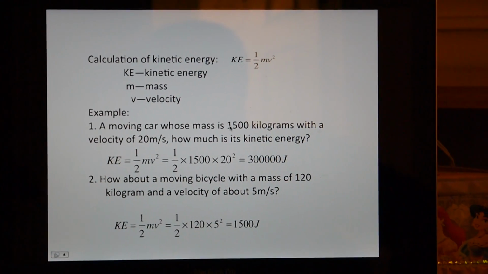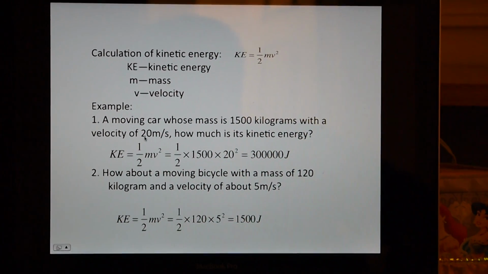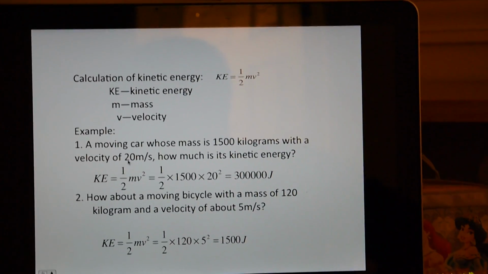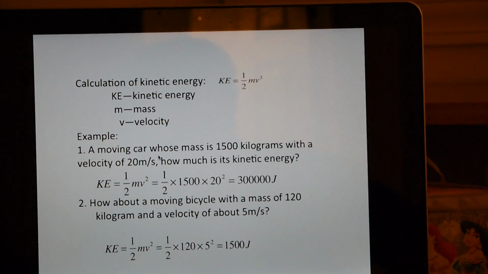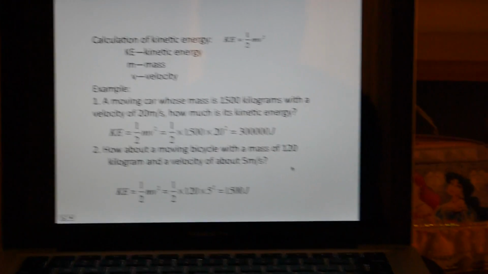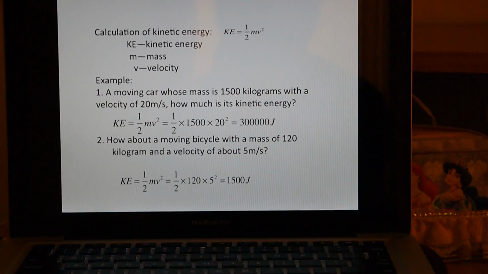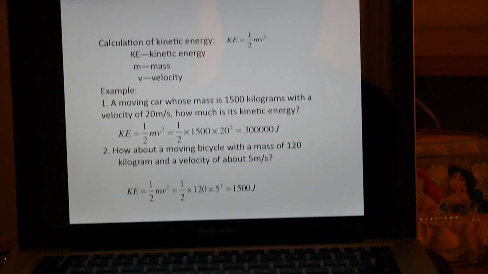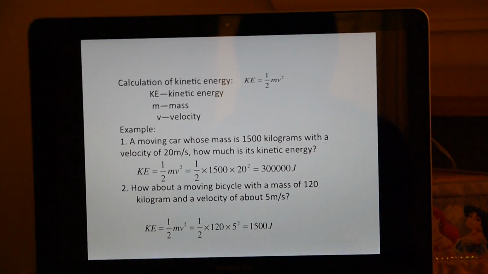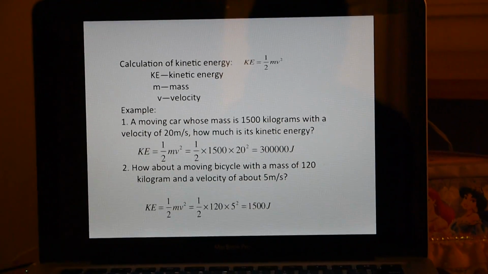We know the mass and we also know the velocity. So we just plug these numbers into this formula, KE equals 1/2 mv squared. And we do some algebra and we can obtain that the kinetic energy of a moving car is about 300,000 joules.